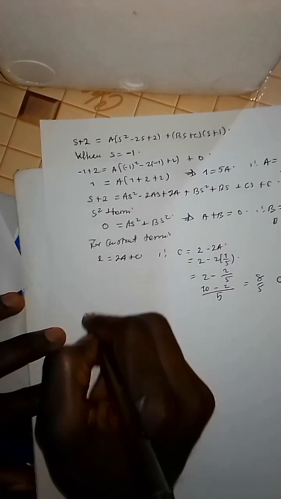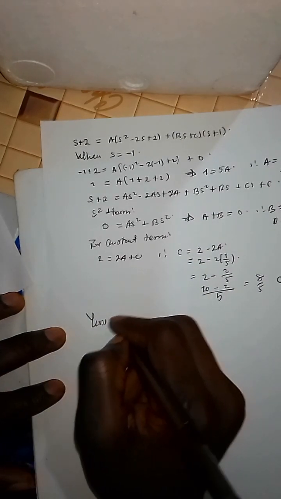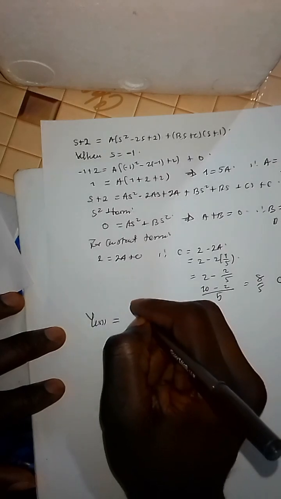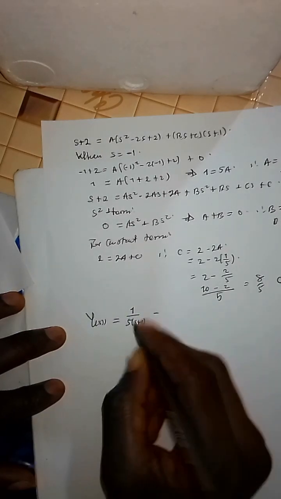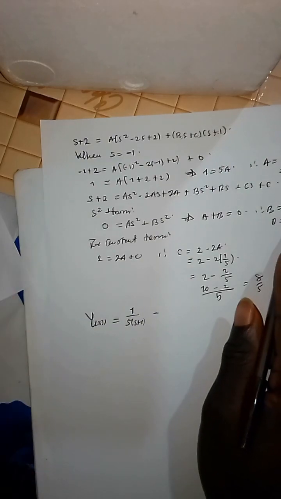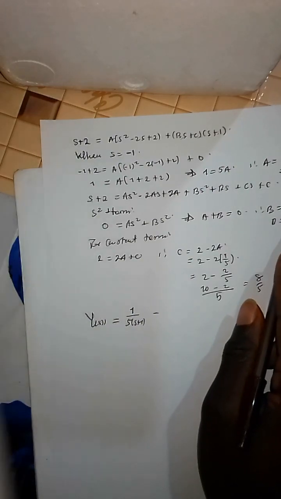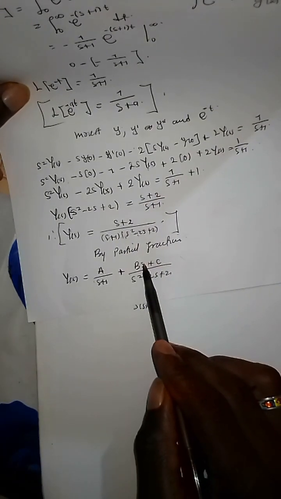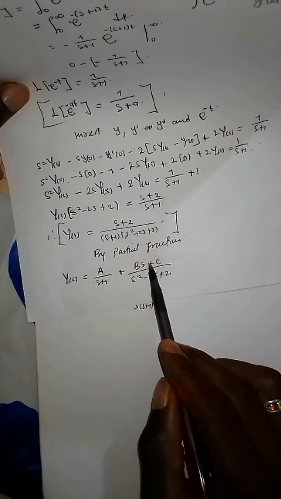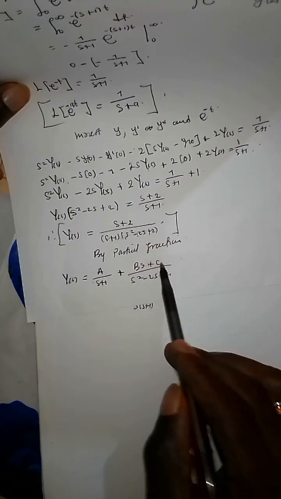Therefore, the function Y(s) by partial fraction can be written as 1 all over 5 into (s + 1) minus B, negative. Now there is an s here. Do not omit the s. We are separating because there is a plus here. So we are separating the Bs term from the C term.